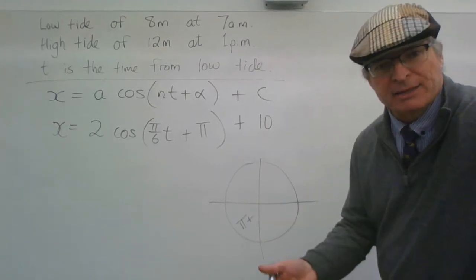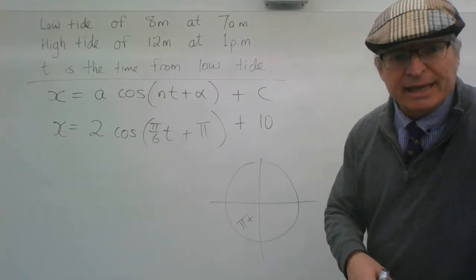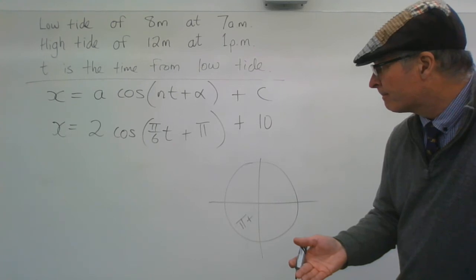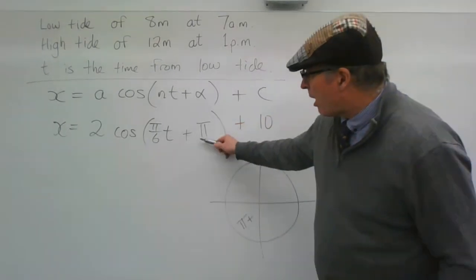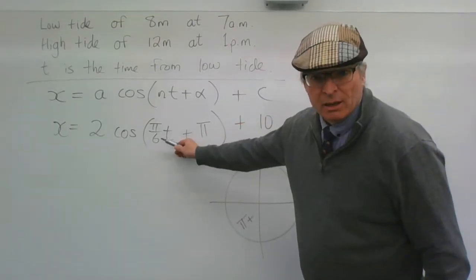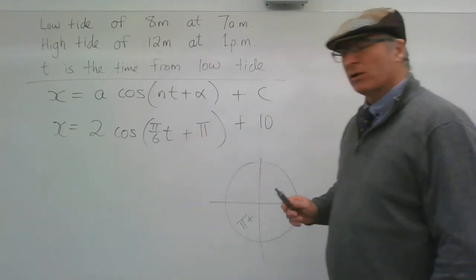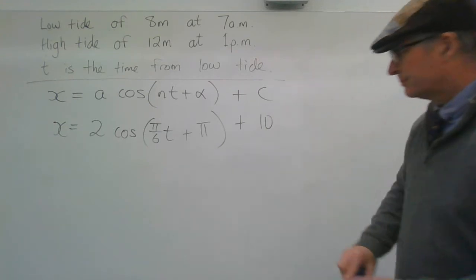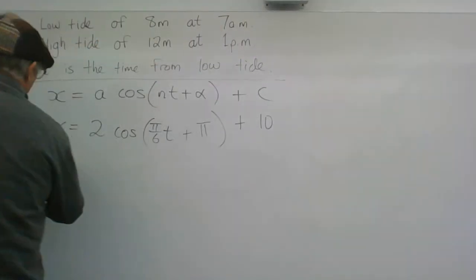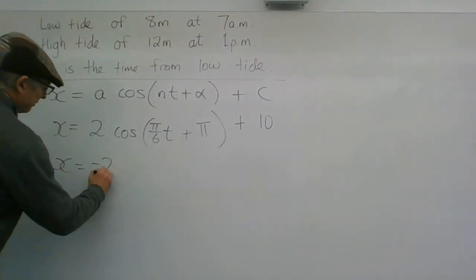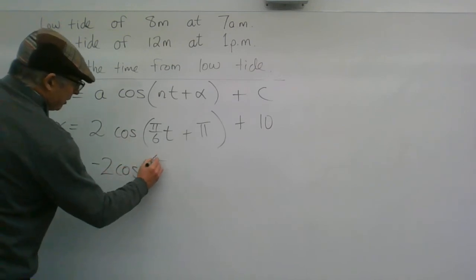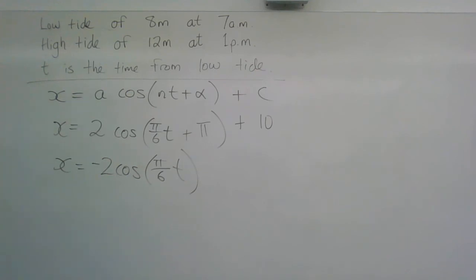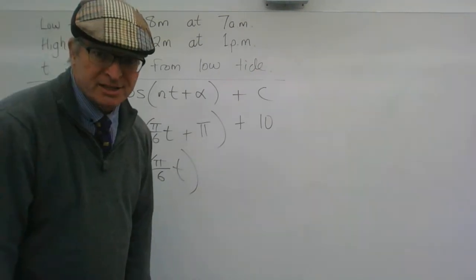Cos of pi plus pi on 6 is equal to the negative of cos pi on 6. Cos of pi plus pi on 6t is equal to the negative of cos pi on 6t. So I can clean that up and just say this is equal to the negative of 2 cos pi on 6t plus 10.